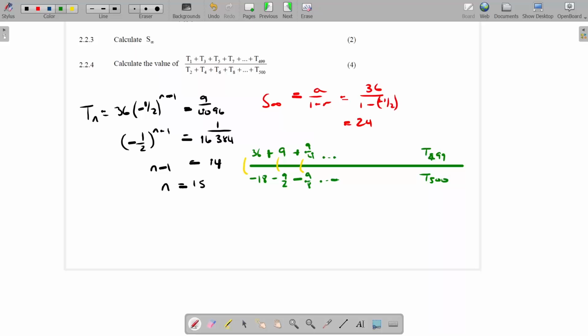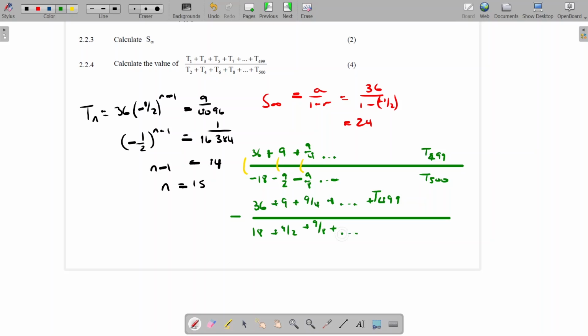So I'm going to deal with that issue first. So this is going to be 36 plus 9 plus 9 over 4 plus whatever up to term 499, all divided by effectively minus in front 18 plus 9 over 2 plus 9 over 8 plus etc. And so what I have here is a situation where I can see what I need to do.